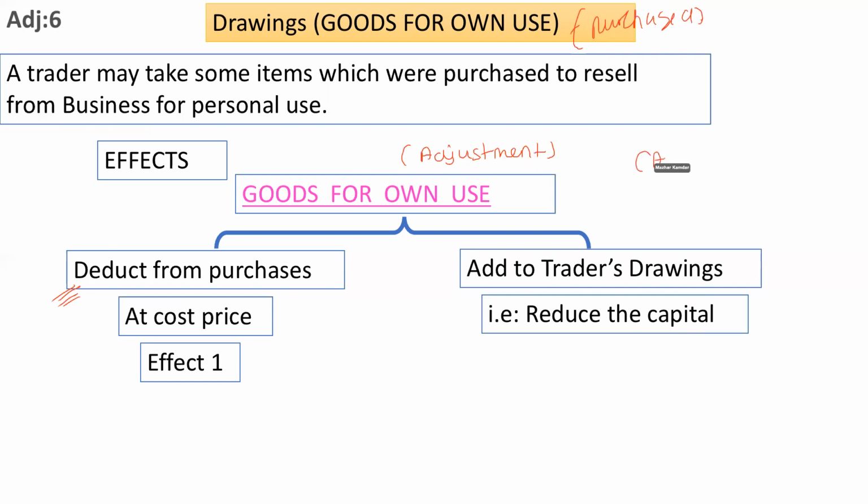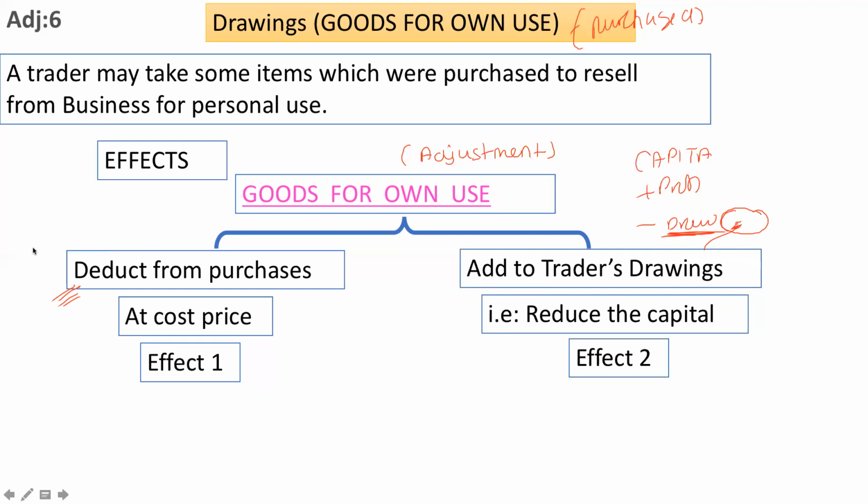So I have capital, add profit, less drawings. Whatever is the trader's drawings, I will show these goods taken for own use as an addition to the trader's drawings, and I will reduce the capital by that amount.